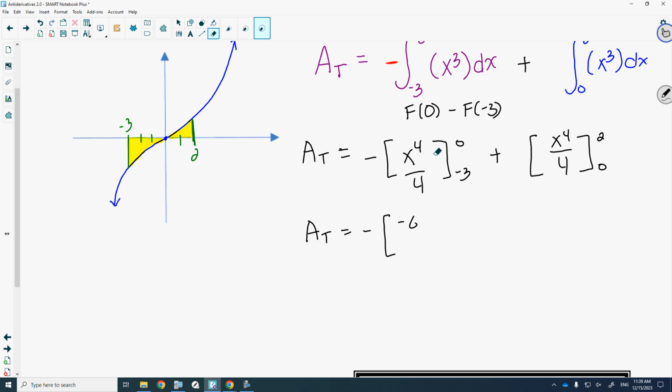So it'd be negative 81 over 4, plus this one over here, which would be f of 2 minus f of 0. 2 to the power of 4 is 16 divided by 4, and then minus 0.